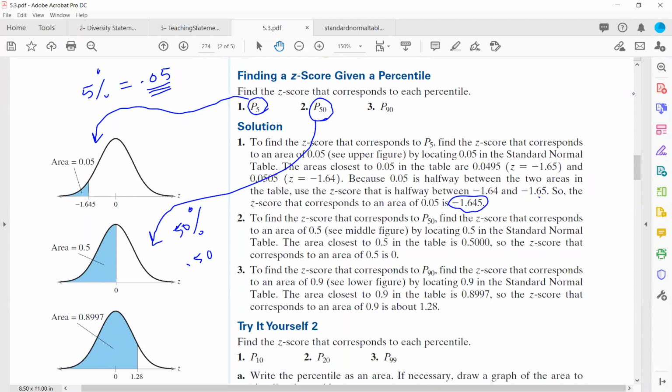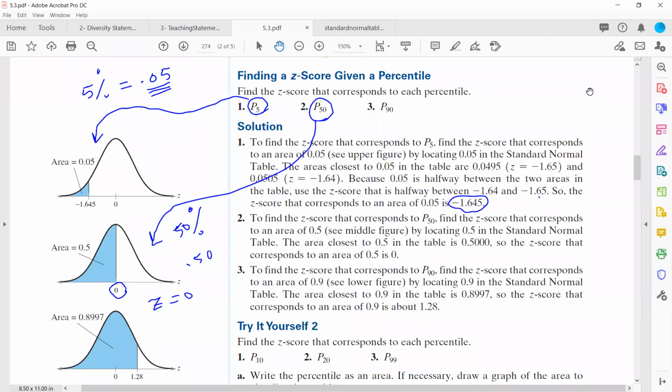You already know that half of the area is to the left-hand side of z equals 0. So your z is nothing but 0. That's it. So if the question says, find a z-value for the area or probability to the left or right, it doesn't matter. The z is going to be 0.